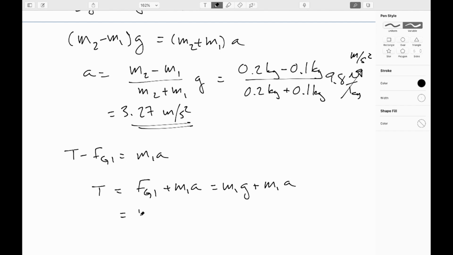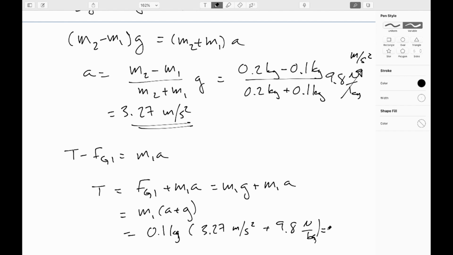And again, I can group M1 times A plus G. So this will be 0.1 kilograms times our 3.27 meters per second squared plus our 9.8 newtons per kilogram. When I multiply either of these by kilograms, I will get newtons. So I will get 1.31 newtons.